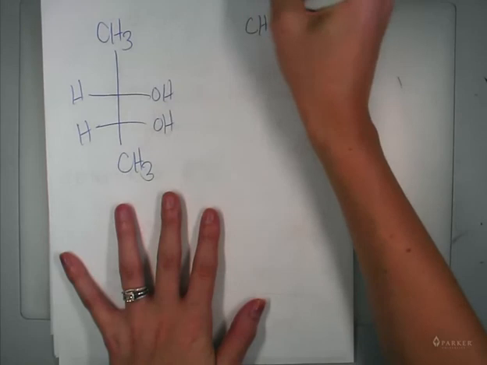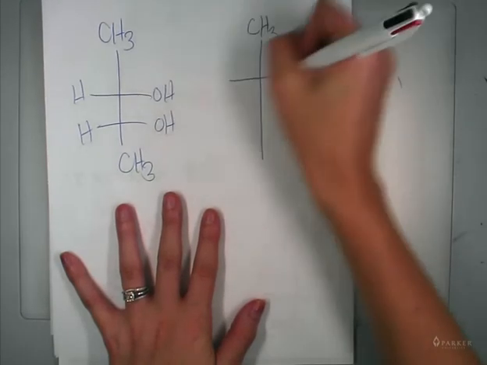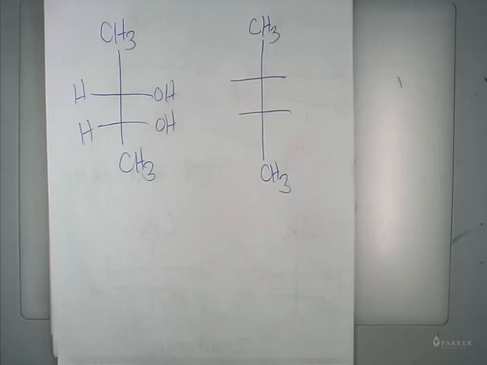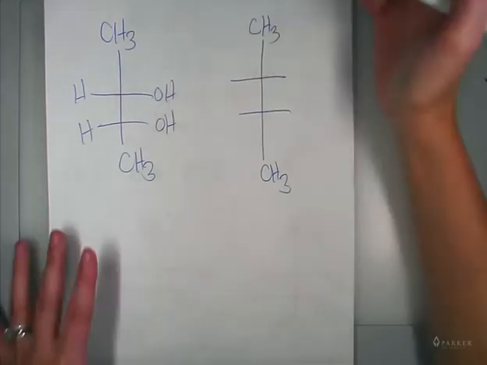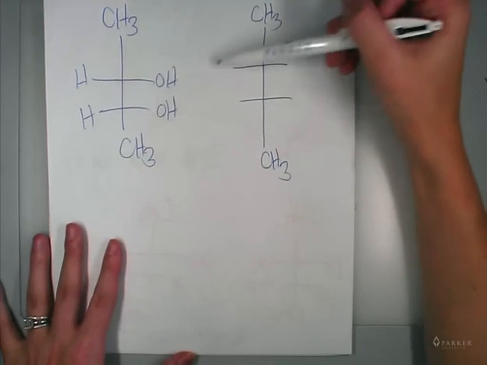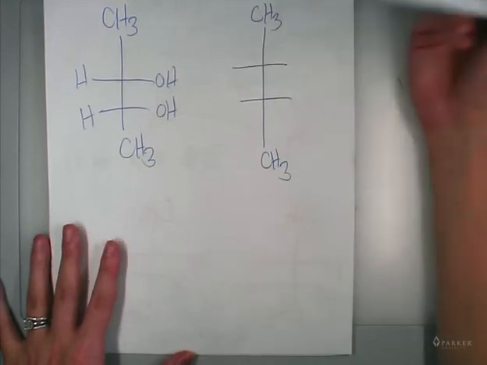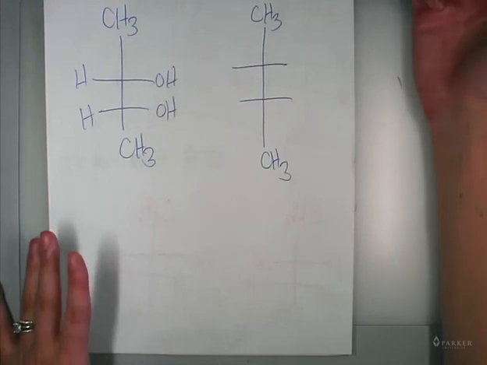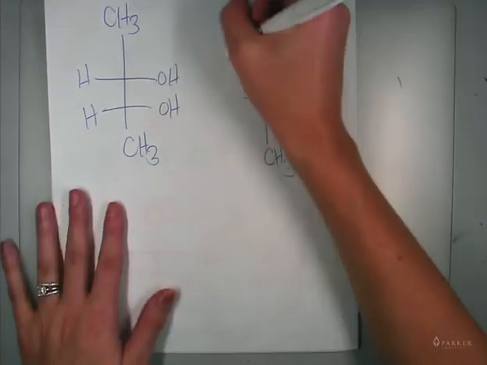Just like you would with an enantiomer, you leave what's going up and down the same. Now, if it wasn't an enantiomer, what would I do? You reflect everything, right? So that you'd have your OHs both on this side. But it's not an enantiomer, so I only do that for one of them.